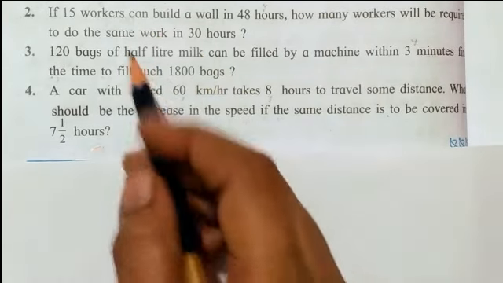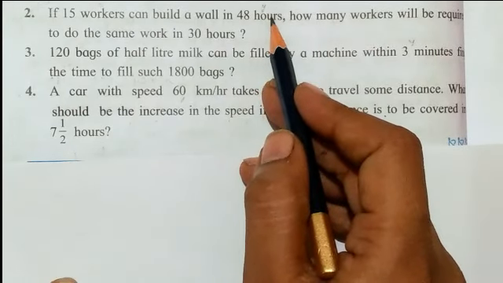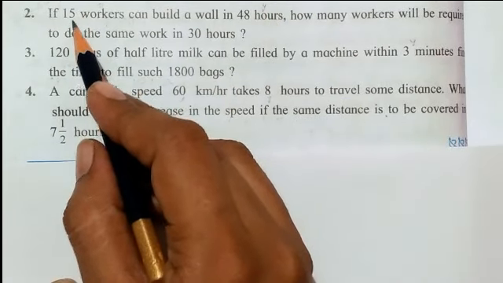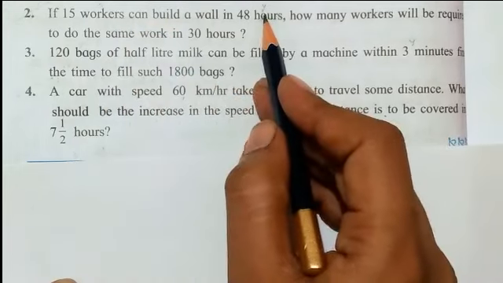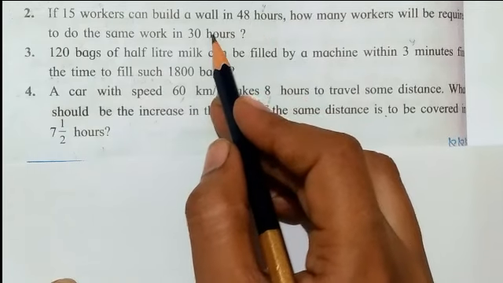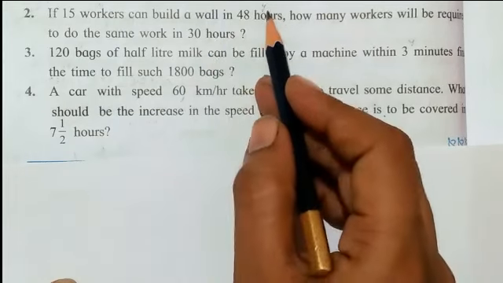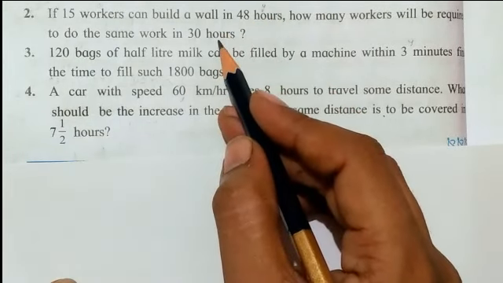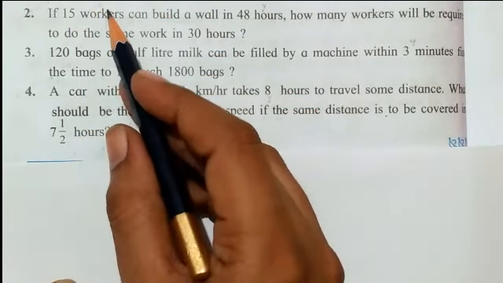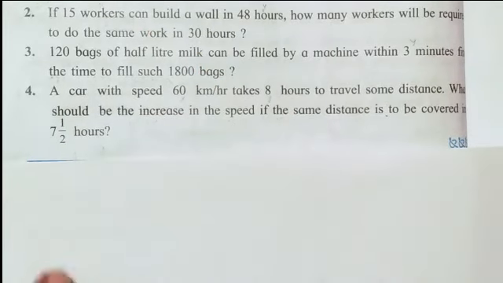It means the number of workers is given and the time to complete the construction of the wall is given. In the next case the number of workers is not given, but hours are given. 15 workers require 48 hours, and how many workers will be needed to complete the same task in 30 hours? It means the hours are reduced, so we have to increase the workers. So one figure is going down and the other is going up. It means this is a sum of inverse variation.